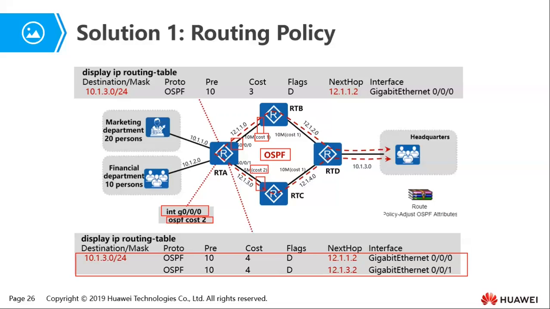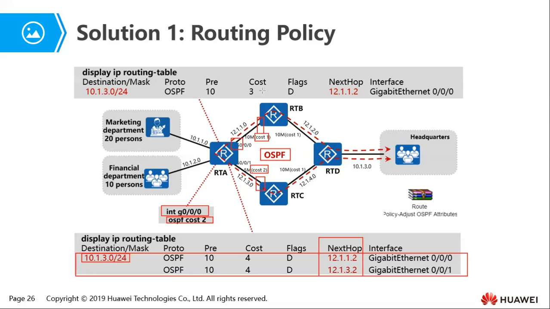So in RTA, if you want to go to this network, you can go either through this or through this. That is one way in which we can alter the values or properties of what is entered in the routing table.